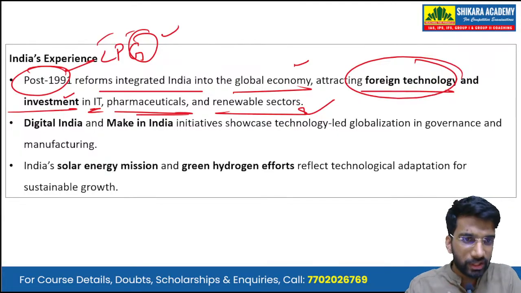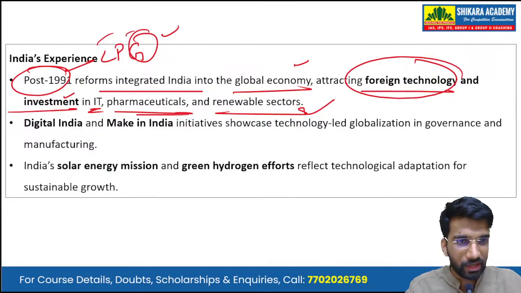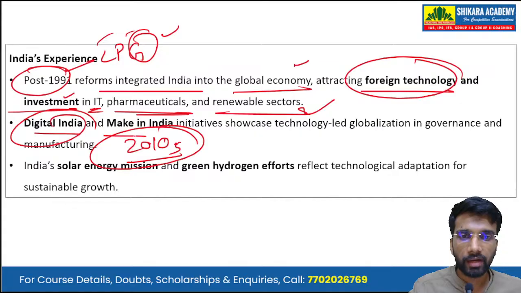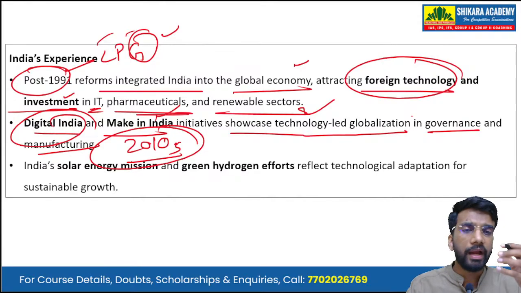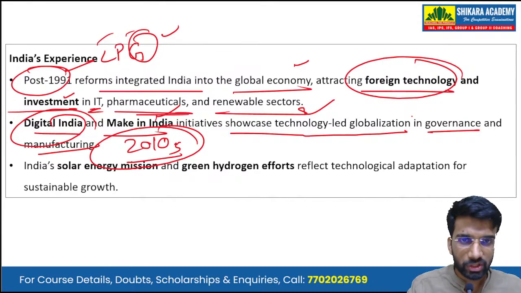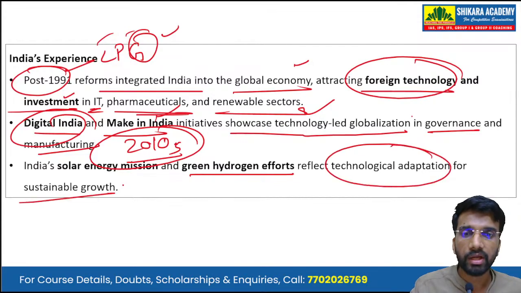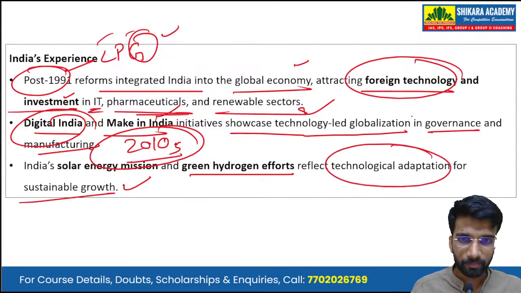In the 2010s, we started the Digital India and Make in India initiatives, which showcase technology-led globalization in governance and manufacturing. And India's solar energy mission and green hydrogen efforts reflect technological adaptation for sustainable growth.